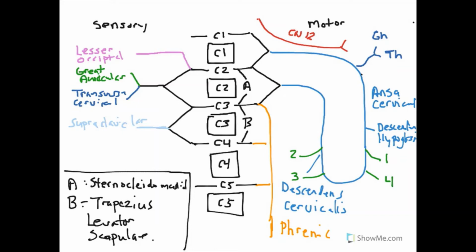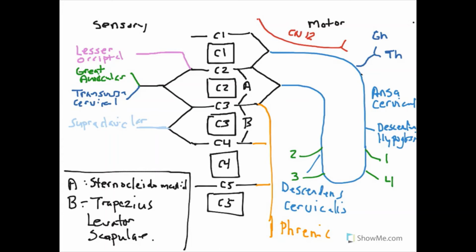The ansa cervicalis has two major branches, a superior that's produced from C1 and an inferior that's produced by C2 and C3 nerve roots. So the ansa cervicalis spans nerve roots from C1 to C3, but only spans this little area that we drew out here, the superior part, the inferior part.